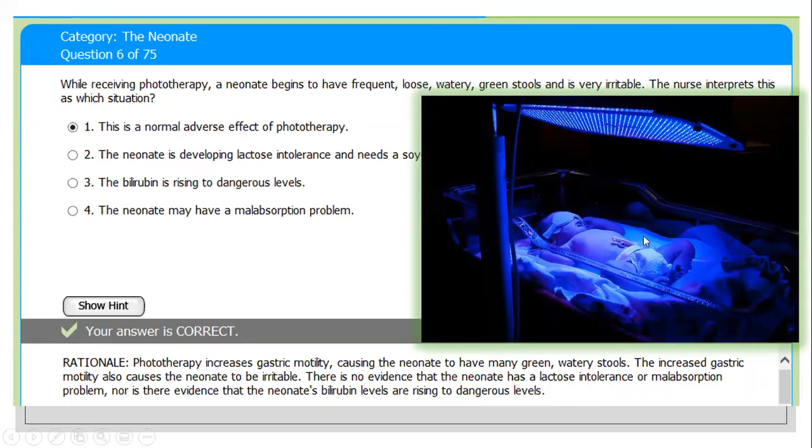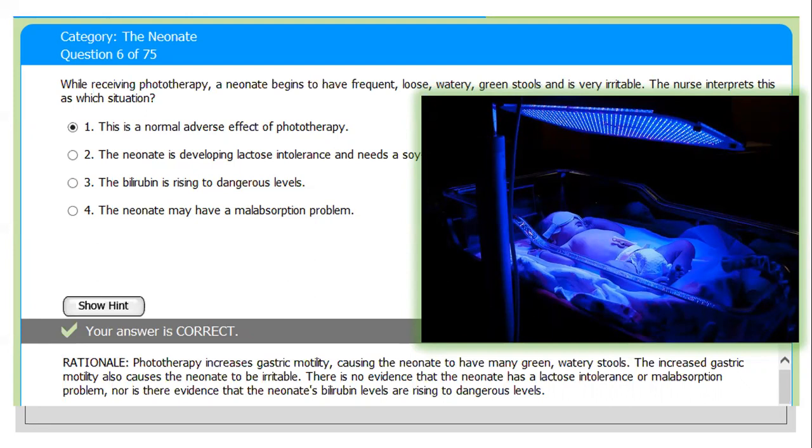So in this picture, you can see a baby under phototherapy. Phototherapy is a light treatment for newborn jaundice. What is jaundice? Jaundice is yellowing of the newborn's eyes or skin because of a high bilirubin level, right?